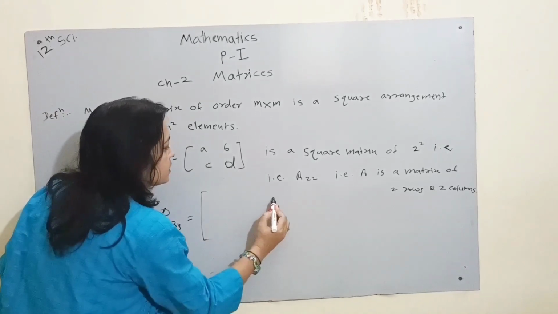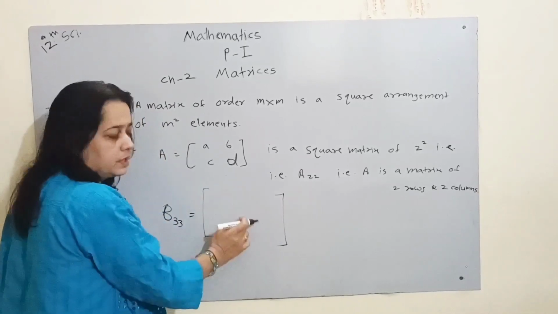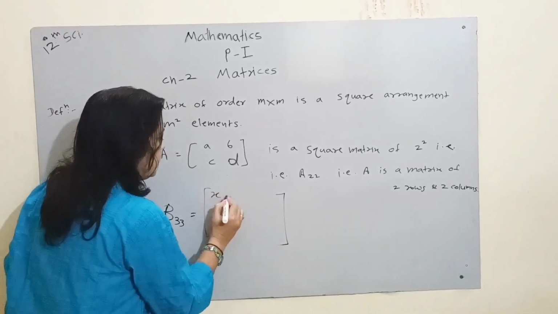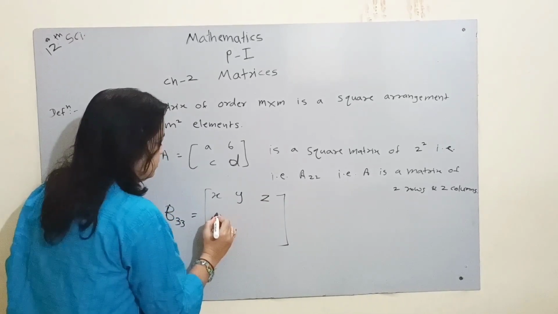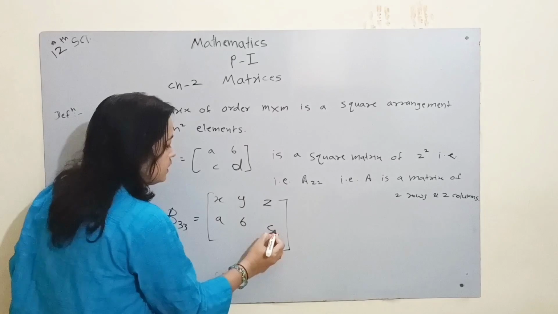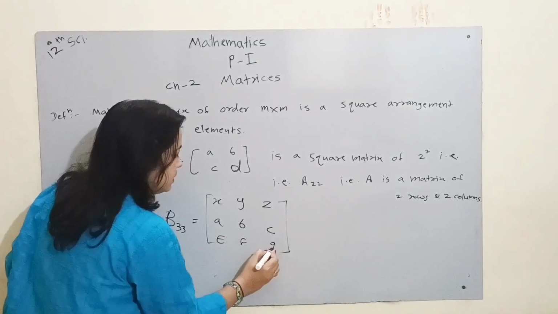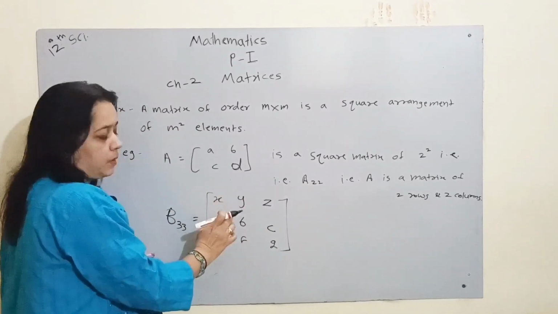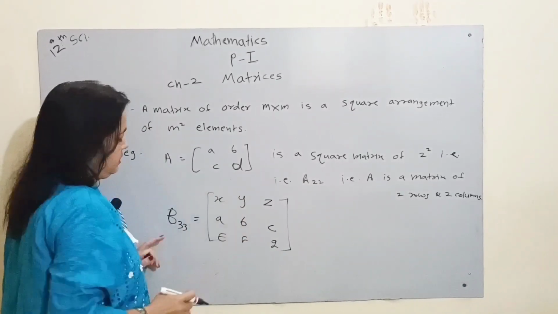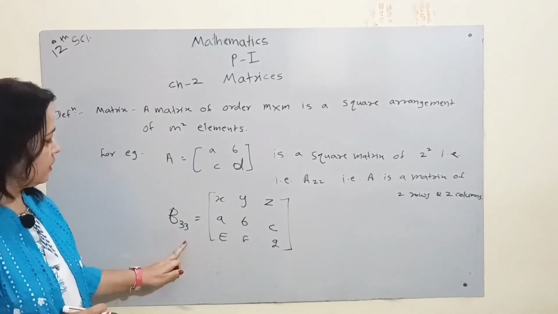So 9 elements are present in this matrix in 3 rows and 3 columns. Suppose x, y, z, a, b, c, e, f, g. So 9 elements are present in a square matrix of order 3, that is 3 rows and 3 columns.